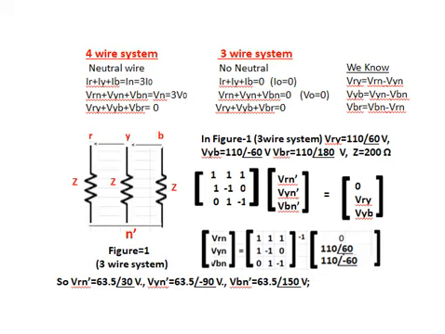So [VRN, VYN, VBN] equals the inverse of matrix [1, 1, 1; 1, minus 1, 0; 0, 1, minus 1] into [0, 110 angle 60, 110 angle minus 60]. From that we get VRN dash equals 63.5 angle 30, VYN dash equals 63.5 angle minus 90, VBN dash equals 63.5 angle 150 volts.